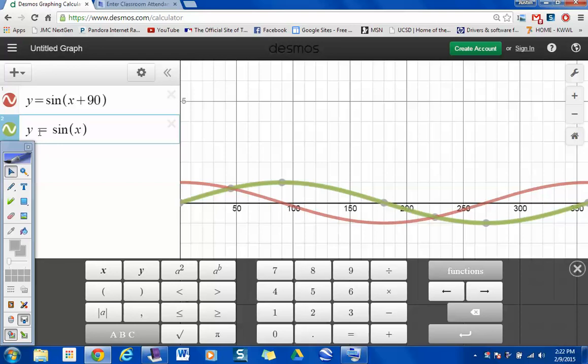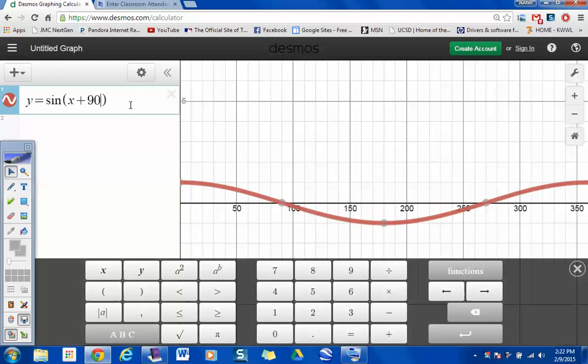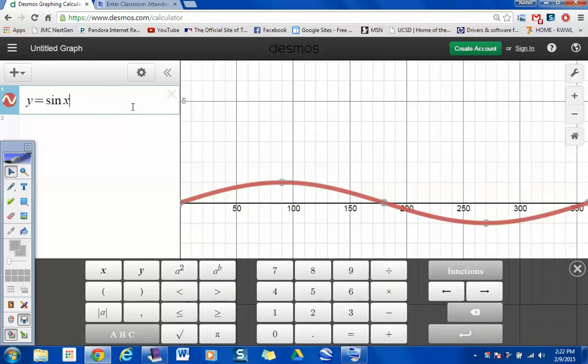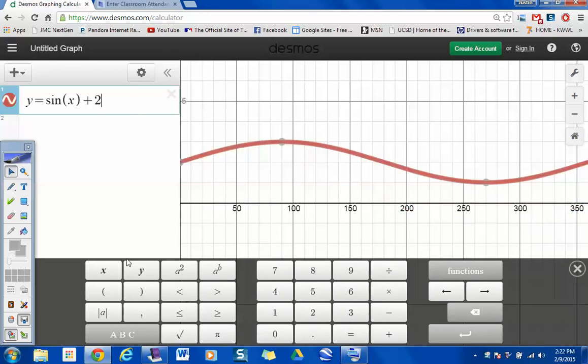I'll talk about this more specifically here in a second. But the last variable you have there is a letter D, is that right? Here's your sine of x, right? If I add, say, maybe plus 2 on the end of it, tell me what happens here. What happened to my graph?